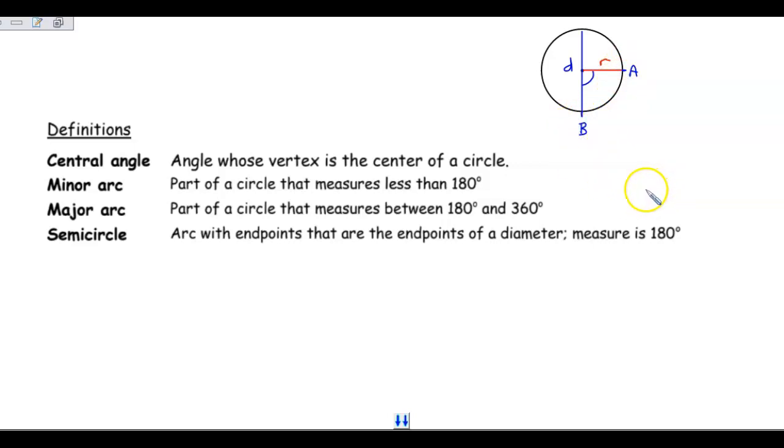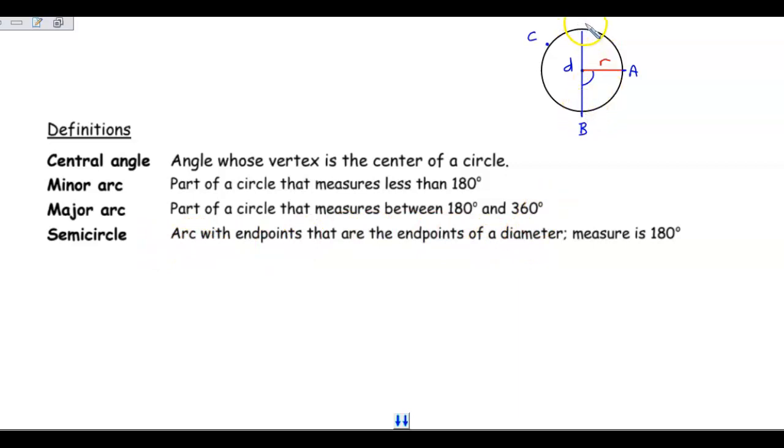Major arc is one that measures between 180 and 360. So if I put a point anywhere on this line and put a C, if I go from this B all the way around to A, this would be my major arc, and it's between 180 and 360. So it's got to be bigger than half the circle. And a semicircle is an arc with endpoints that are endpoints of a diameter.